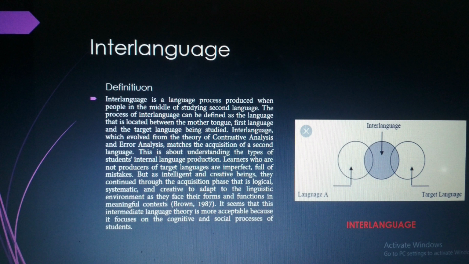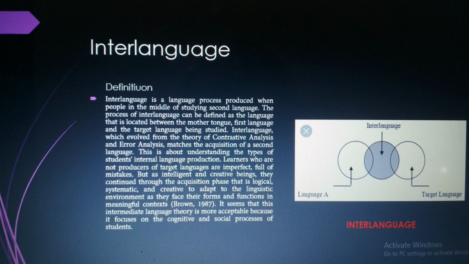Interlanguage, which evolved from the theory of contrastive analysis and error analysis, matches the acquisition of a second language. This is about understanding the types of student interlanguage production.